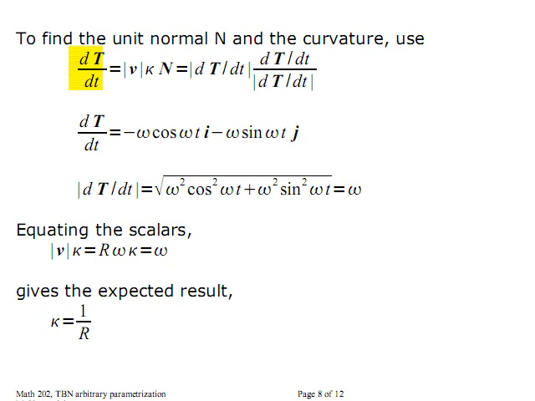By the results from the second lecture on TBNs, we have this. For arbitrary parameterization, the first derivative of the tangent vector equals the speed, the magnitude of the velocity, times the curvature, and that's in the direction of the normal. Of course, we know this is not a unit vector, so let me change colors here for a second.